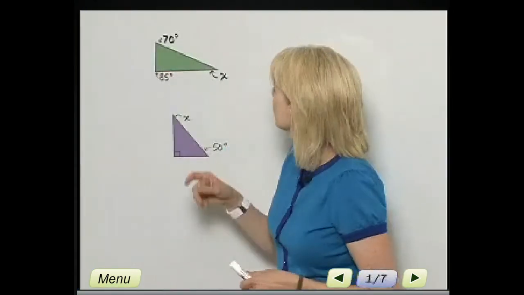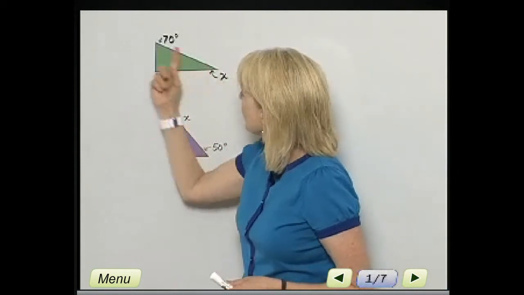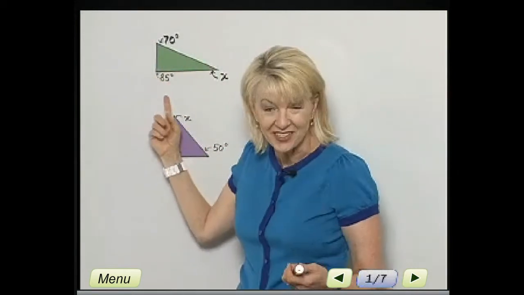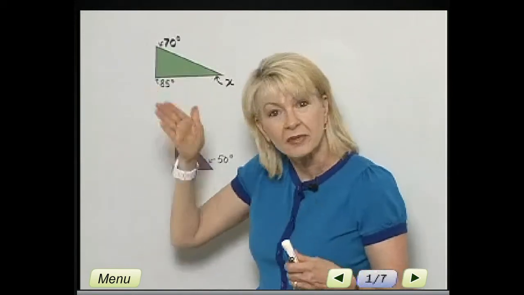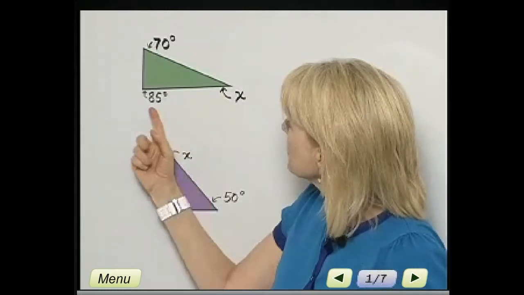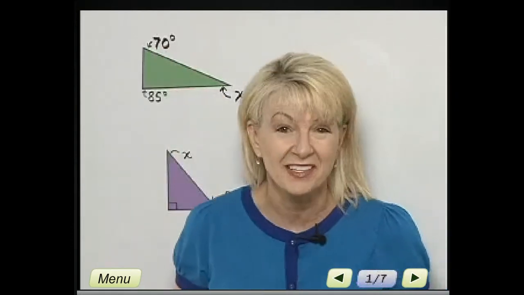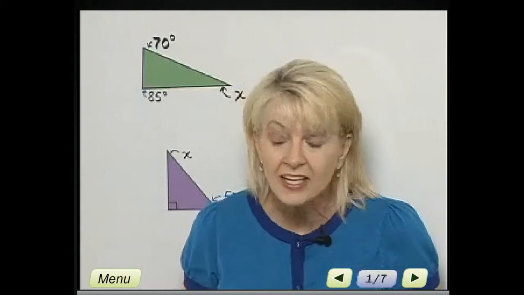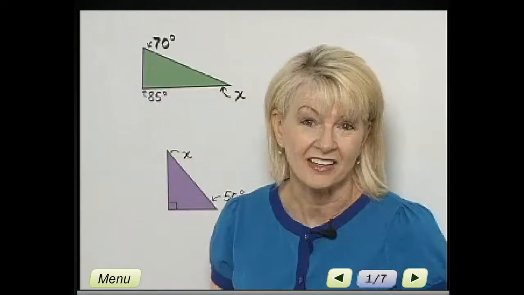All right, so let's practice using that. Here I have a plane figure, has length, width, no depth. And I also have the angles marked. This is an unknown angle. This is 85 degrees. This is 70 degrees. I'd like to find the measure of angle x.